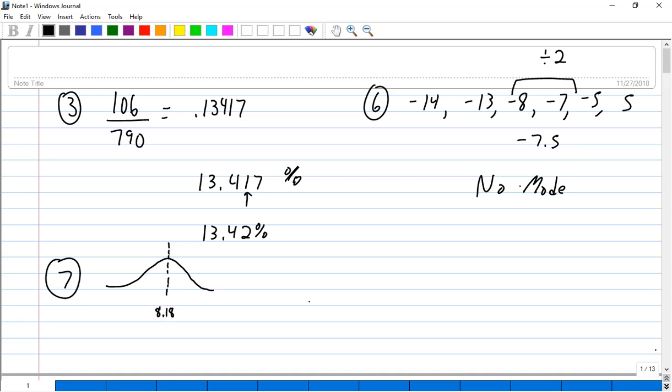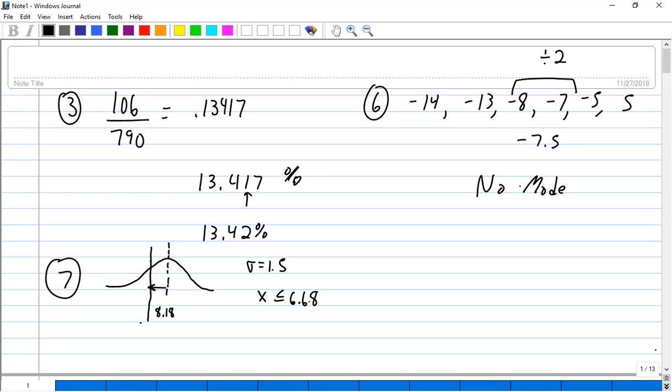One standard deviation is equal to 1.5, and the value is less than or equal to 6.68. How many standard deviations away is 6.68 from the mean? If I say 8.18 minus 1.5, I get 6.68. So that's one standard deviation below the mean.